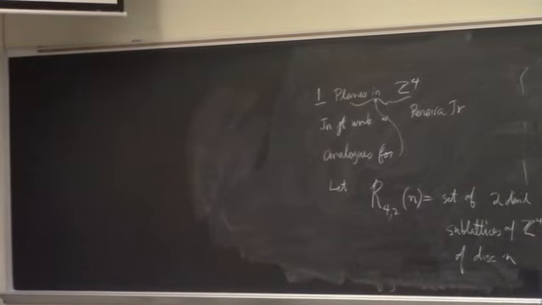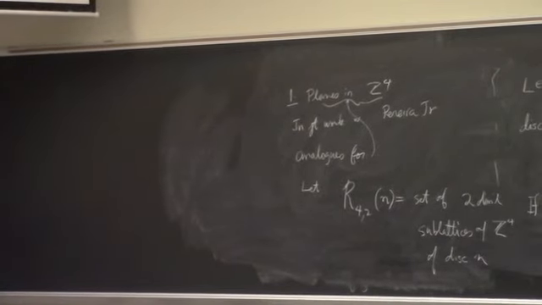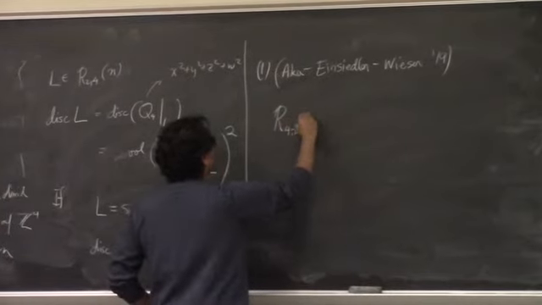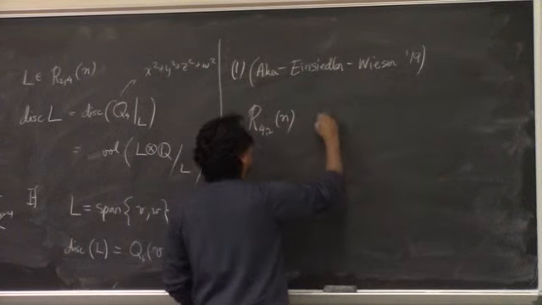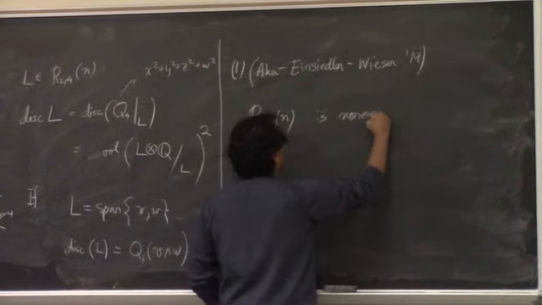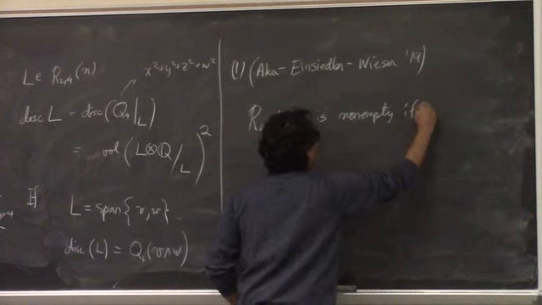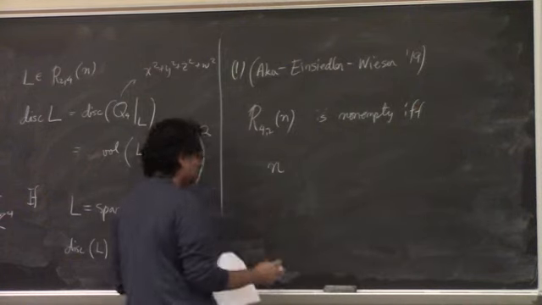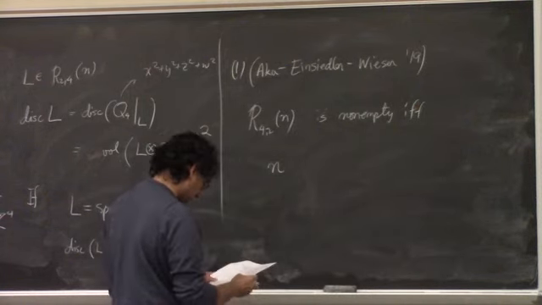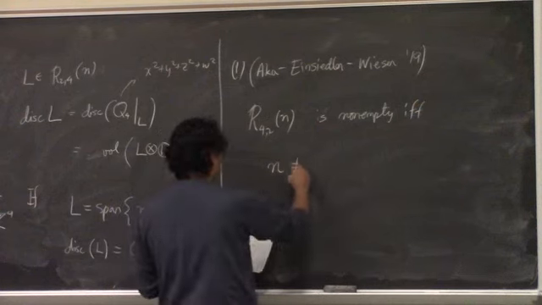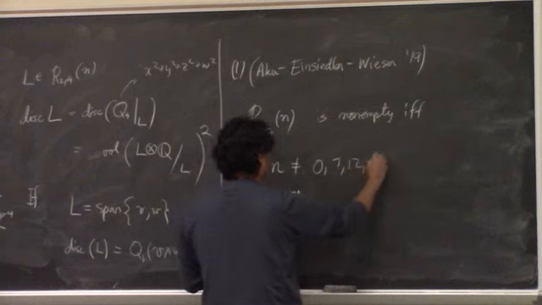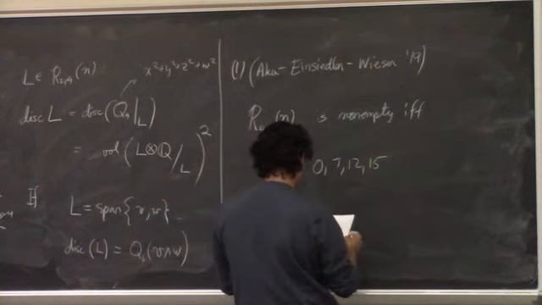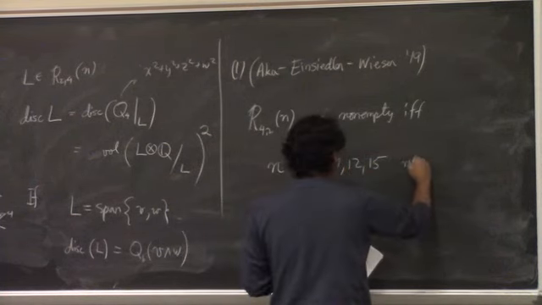Okay, first, motivation. This space is non-empty if and only if n is not 0, 7, 12, or 15 mod 16.